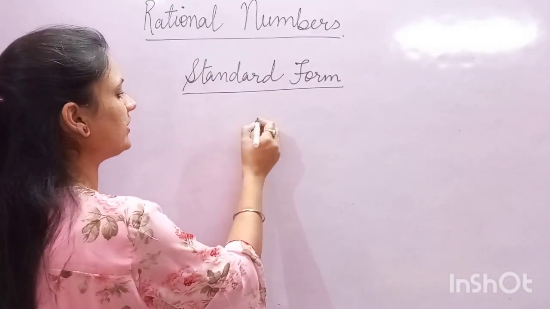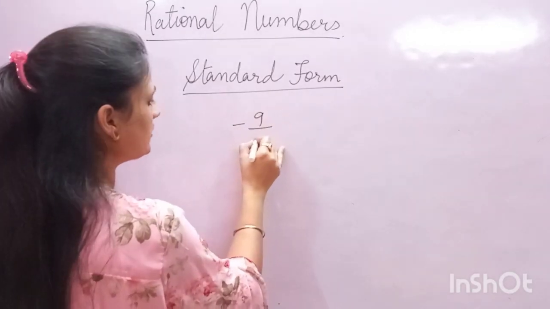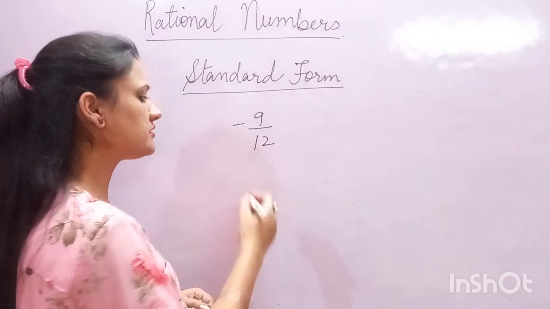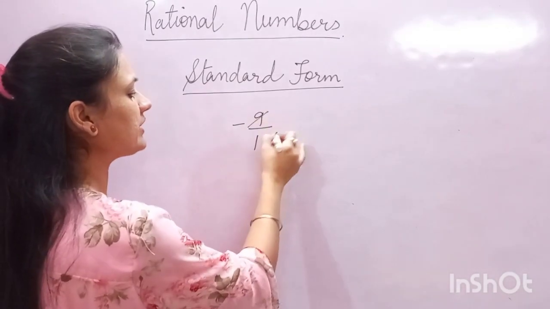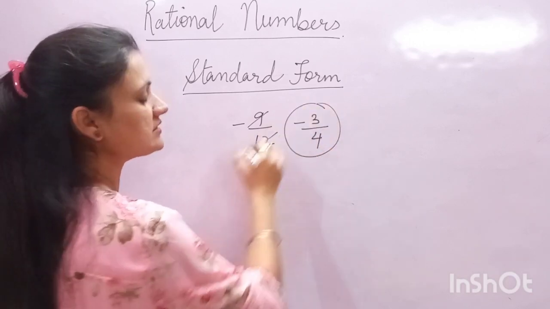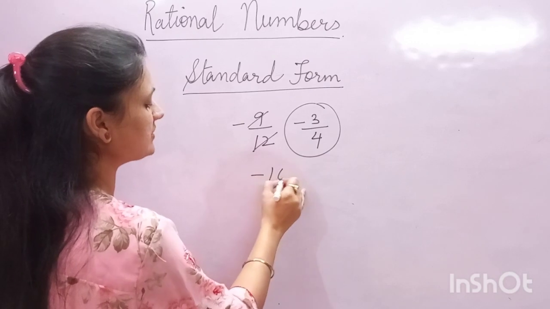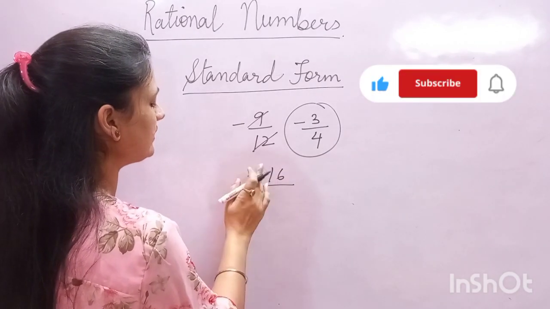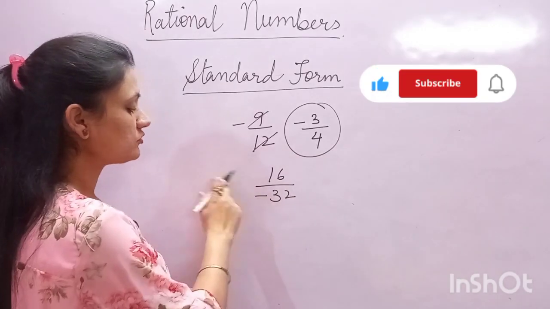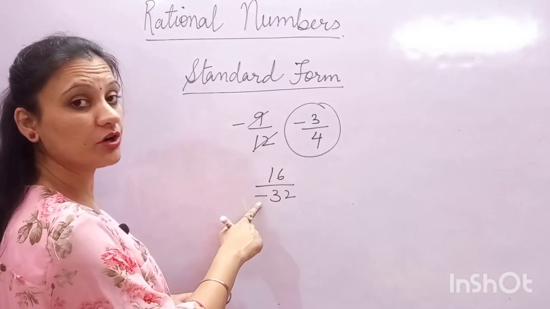For example, say minus 9 by 12. No doubt it is not in reduced form. Let us reduce it. They both can be cancelled by 3, right? So this is the standard form, right? If I write down minus 16 by minus 32, to make it in the standard form, the first step is the denominator should not be negative.